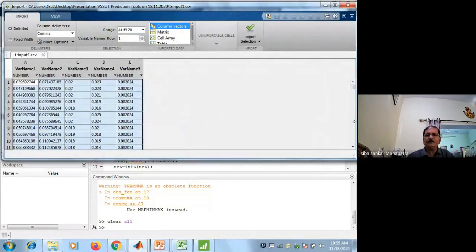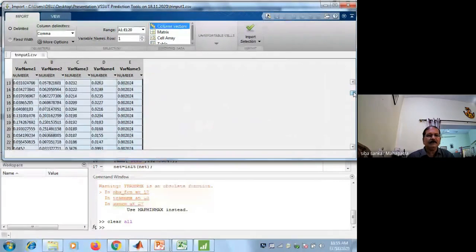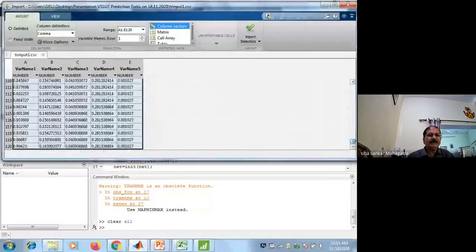So 5 inputs, 5 variables are there, and we have 120 data. In this file, only the input variables from the experiment have been written. So 5 columns for 5 variables, and 120 data.